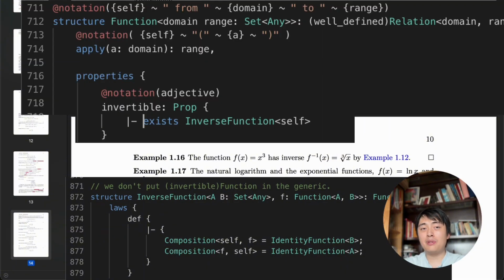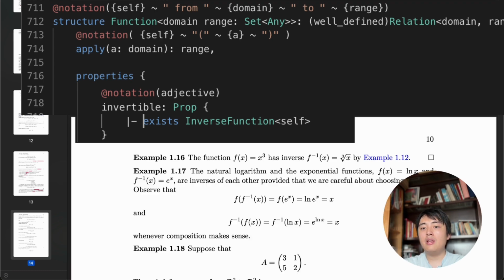If you look at this property clearly, you can see that the statement simply says there exists an inverse function of self. So what does this mean? Exists used to be the existential quantifier, but here Lean puts more guarantees and guardrails to make sure this is right. By saying there exists a term of this type, notice there's no variable name for it.